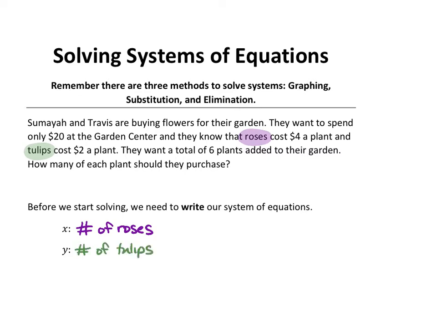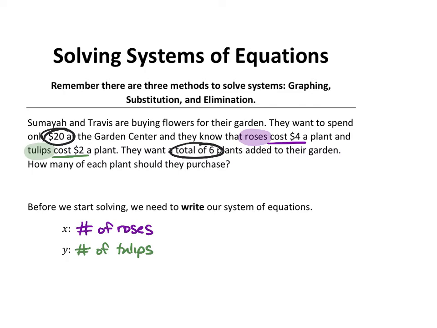that Sumaya and Travis are purchasing. Some of the other things I know are that they said roses cost $4 and tulips cost $2, and that we have a total of $20 and a total of 6 plants. Those are the important things I need to write this system of equations.